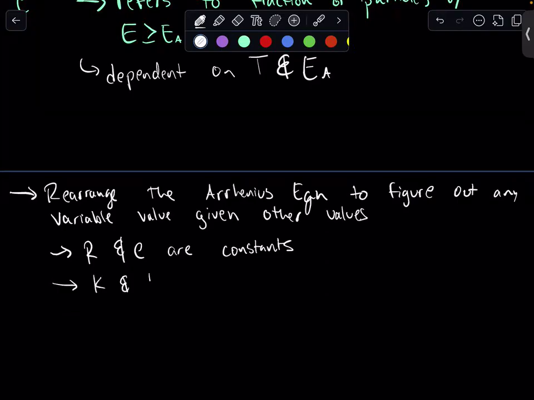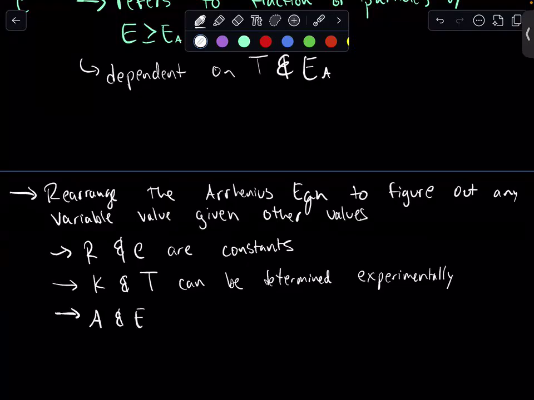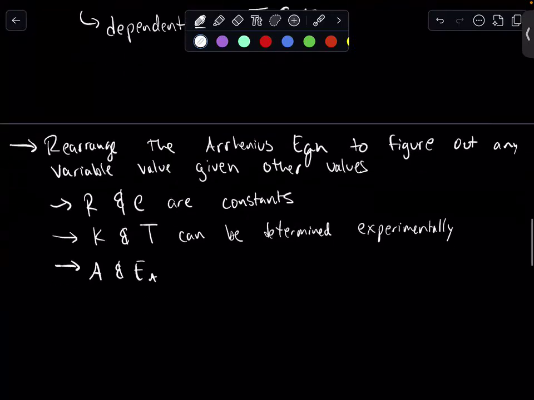K and T can be determined experimentally, so we don't need to figure those out either. So the real part this equation helps us is figuring out our Arrhenius factor and our activation energy. So those will be measured indirectly.